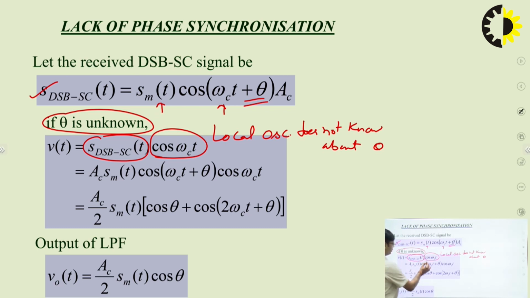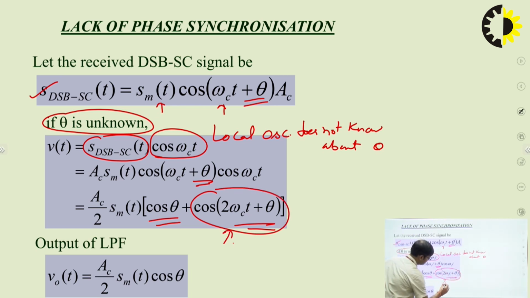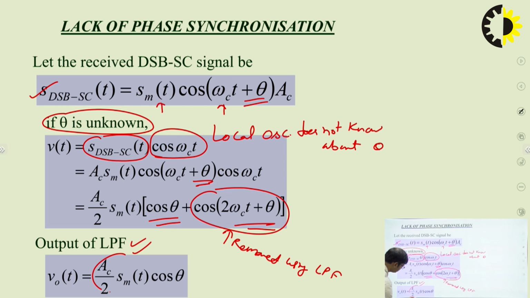When we do the product of these two signals, we have theta. This is a high frequency signal which is removed using a low pass filter and we are left with this part. The output of the low pass filter is this. Now as we can see, the output of the low pass filter consists of this message signal and this additional component cos theta.